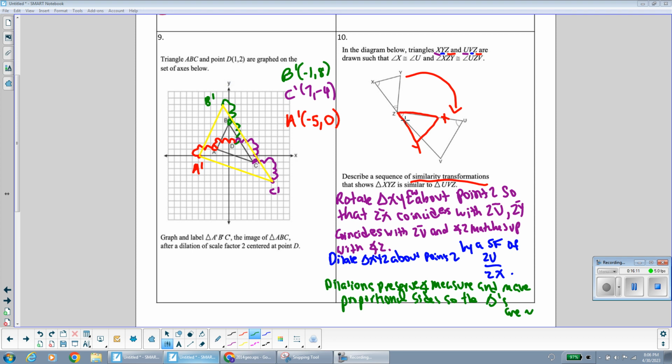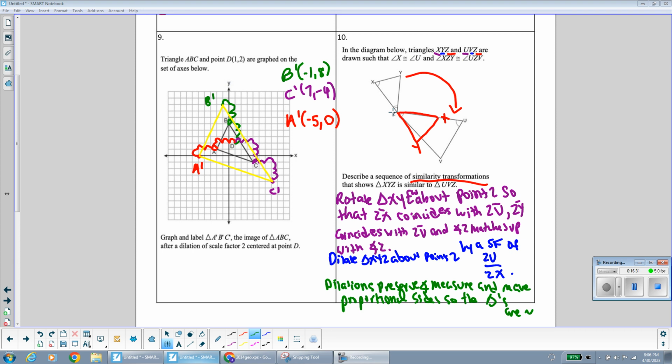Then dilate triangle XYZ centered at point Z by a scale factor of ZU over ZX. You could have also used a scale factor of VU over YX or a scale factor of ZV over ZY. Because remember, scale factor is image divided by pre-image.